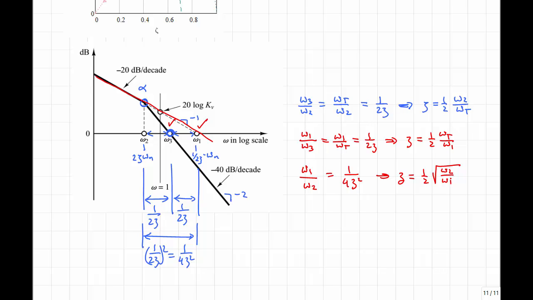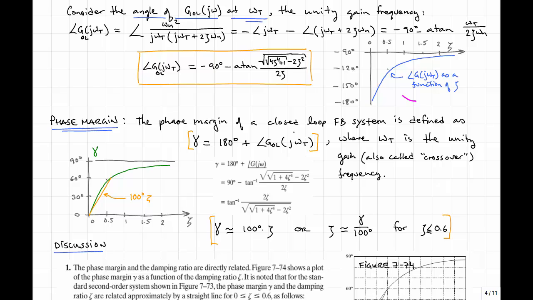So lastly, we want to look at the phase that's associated with the open loop Bode plot of our second order system. Let us look at the angle of the open loop transfer function GOL, specifically at the unity gain frequency, or the crossover frequency. We evaluate this by recognizing that we have two poles, one at the origin and one at -2 zeta omega n.